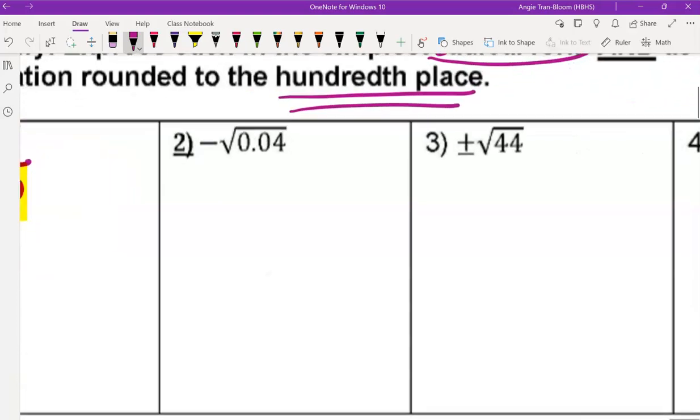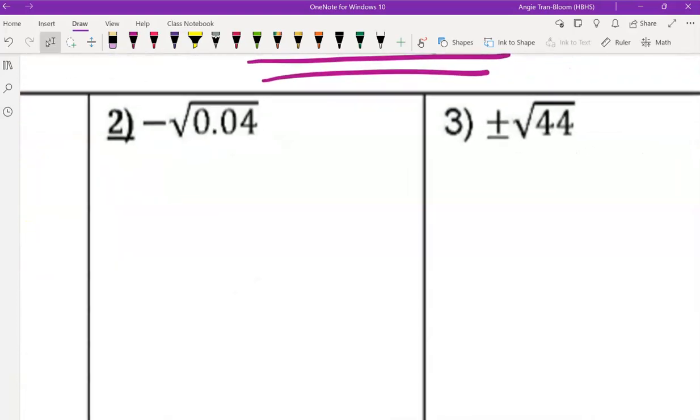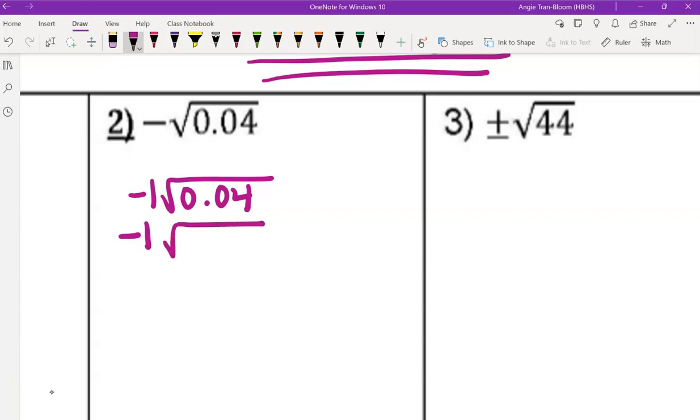So this number 2 right here is unique because, can you guys see that there's a negative in the front? If there's a negative in the front, that's the same thing as saying negative 1 times square root of 0.04. And so we're going to simplify it just like normal. So 2 numbers, if possible, that multiply to equal 0.04. It has to be 0.2, and I'm going to use parentheses, okay? 0.2 times 0.2.